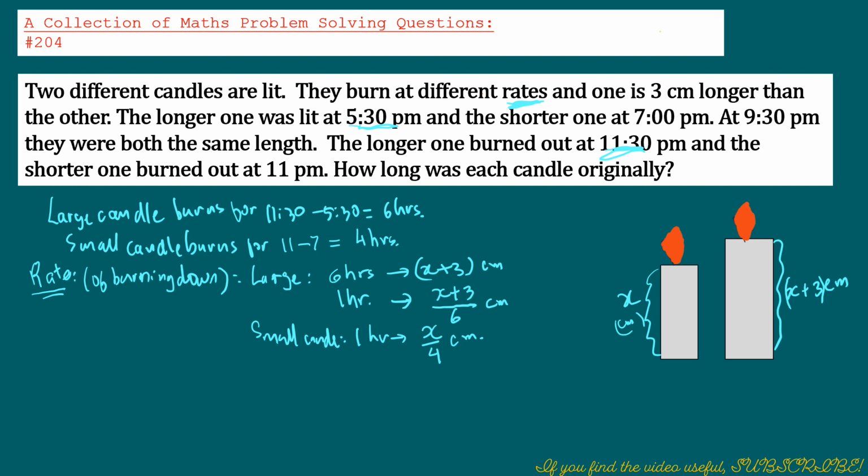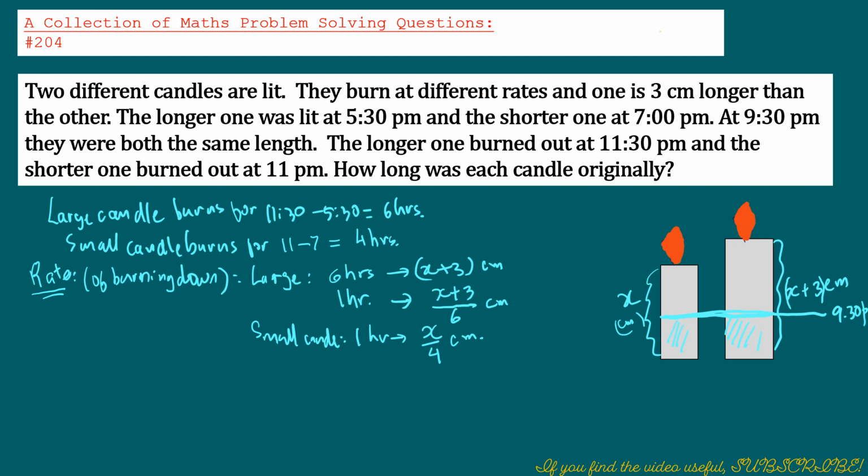The next thing we notice is the part where they say that at 9:30 p.m. they were both the same length. What that means is the remaining length. So let's say this is where it was at 9:30 p.m. This remaining length is the same, not the length that has burned down.